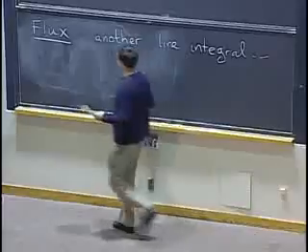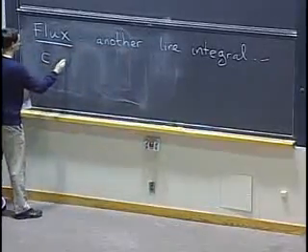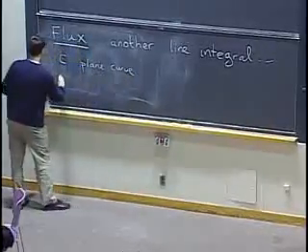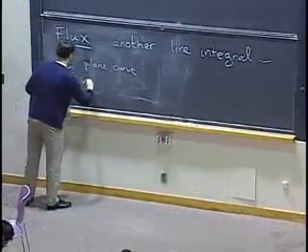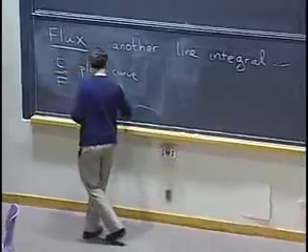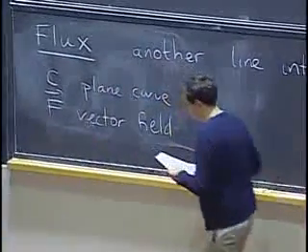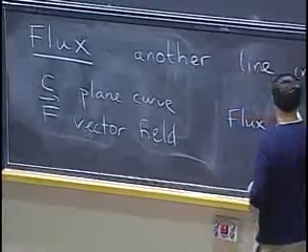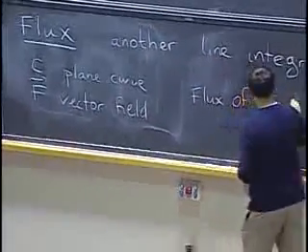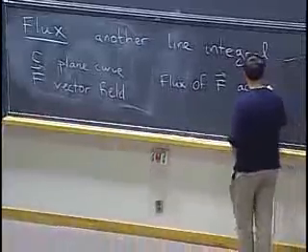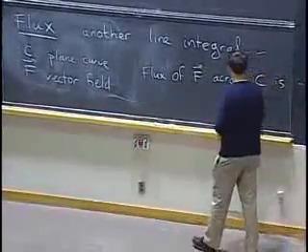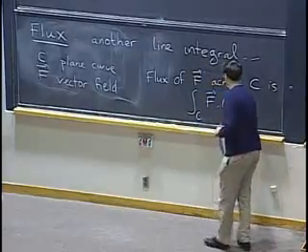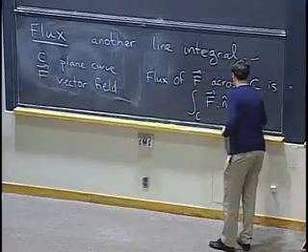So let's say that I have a plane curve and a vector field in the plane. Then the flux of F across the curve C is, by definition, a line integral that I will write with the notation F dot n ds.